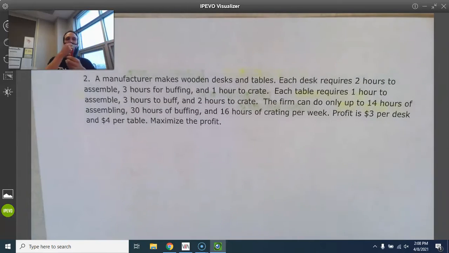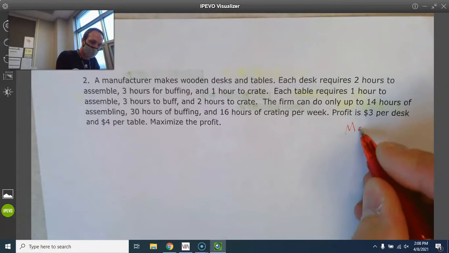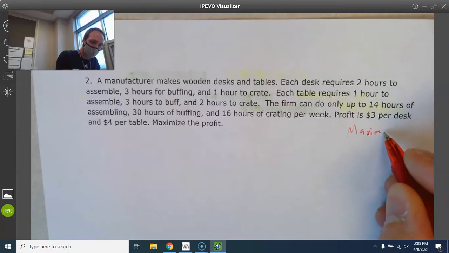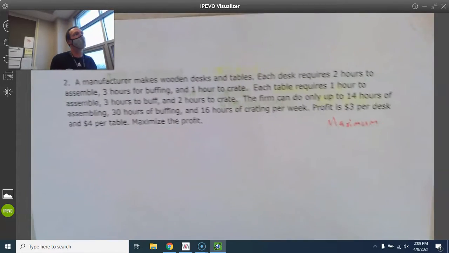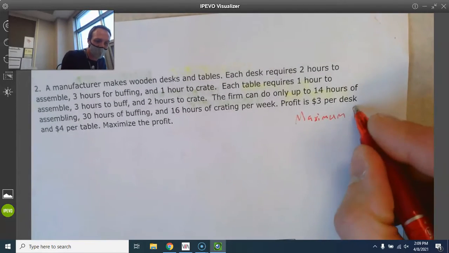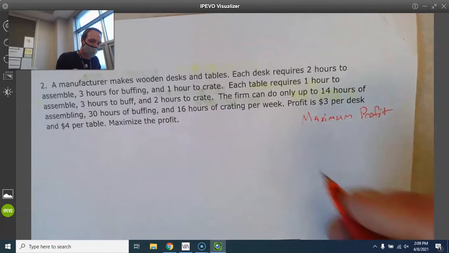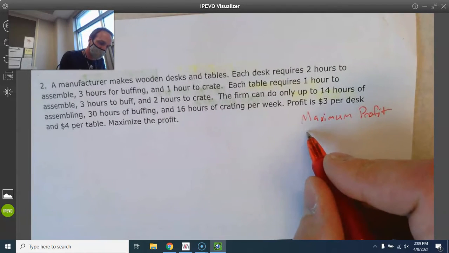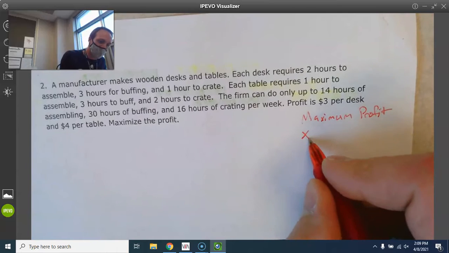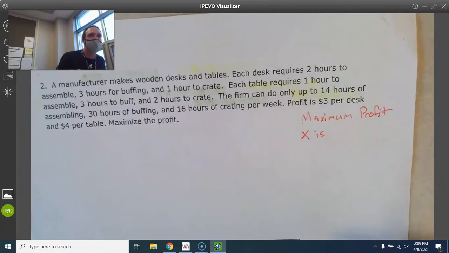First thing I want to do, figure out what type of problem it is. Is it a maximize problem or a minimize problem? Maximize. What are we trying to maximize? Profit. The profit of what? Okay, so this is where things get a little bit tricky. Maximizing profit of. So my x is, be careful.